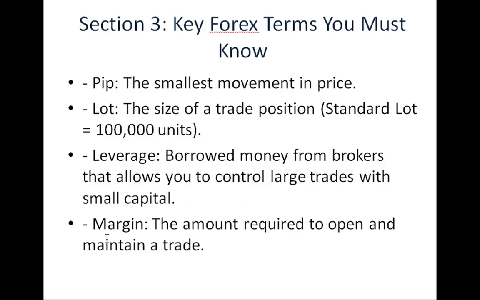Let's move on. That's what we call margin, the amount required to open a trade. The minimum amount of money your broker requires you to put in your account for you to be able to control any financial unit of currency you want to control.